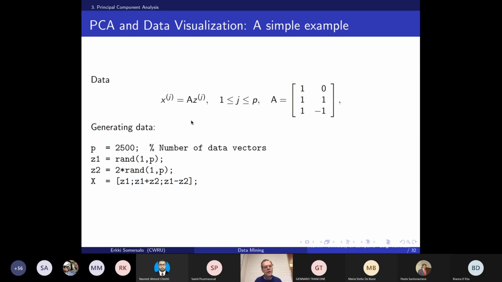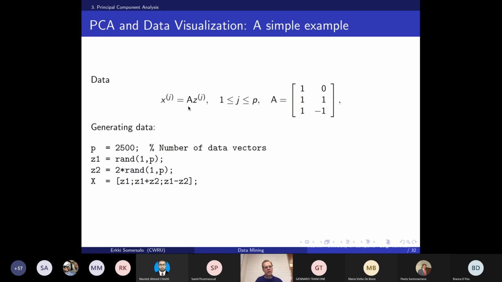And then I'm forming my data x, which is three-dimensional data, so that the first component is z1, the second component is z1 plus z2, and the third component is z1 minus z2. This corresponds exactly to this matrix formula here. So my data is essentially two-dimensional, but with this matrix A, I have embedded the data in a three-dimensional space.